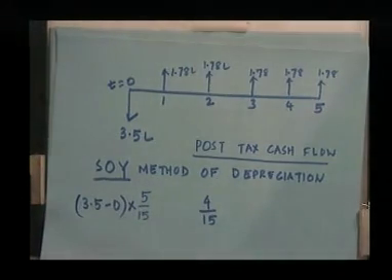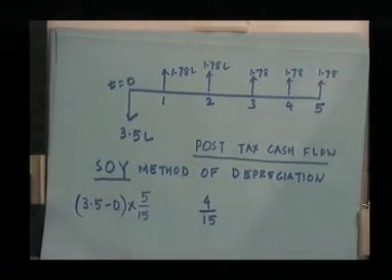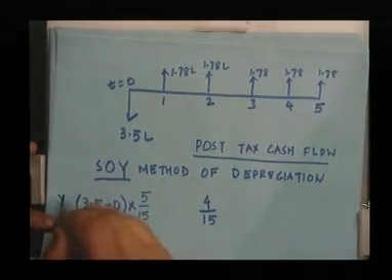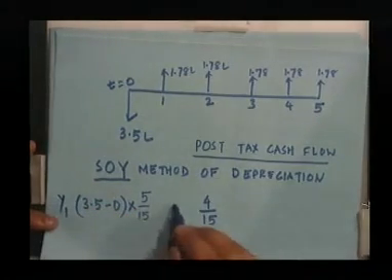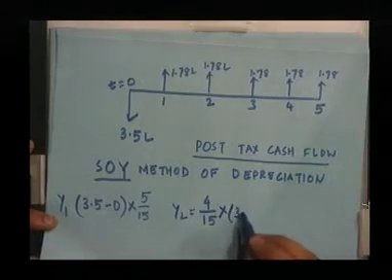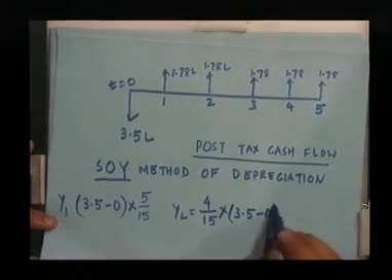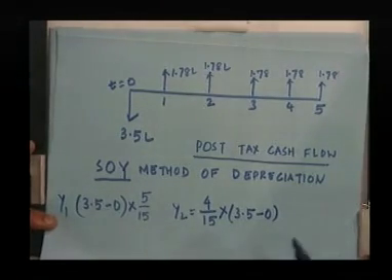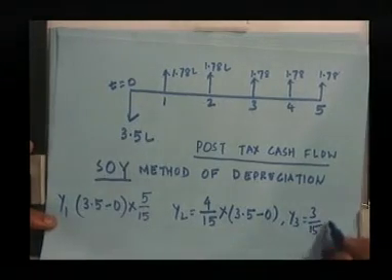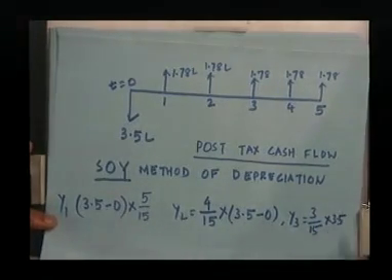Total book value 5 by 15 multiplied by 3.5 lakhs would be the total depreciation for year 1. Let us say I call this Y1. Y2 would be 4 by 15 of 3.5 minus 0. Year 3 would be 3 by 15 into 3.5.